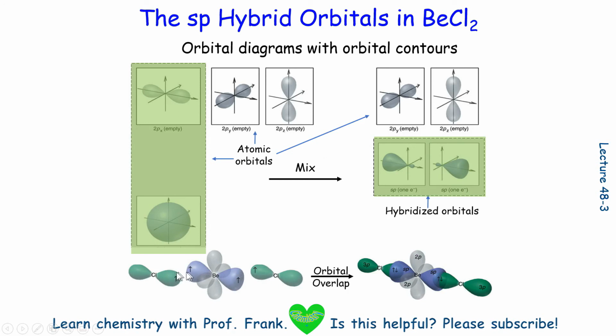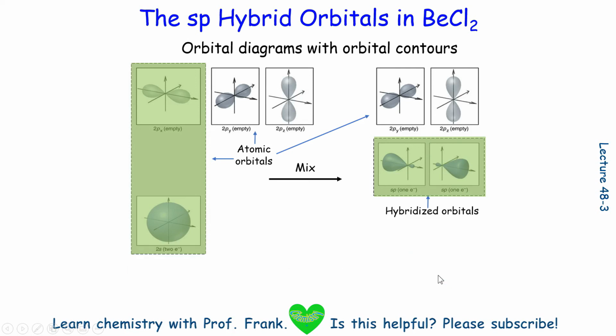Those two approach each other, and then form this bond. Now the two electrons are shared by this chlorine atom and this beryllium atom. The same thing happens on the right-hand side. Those two electrons are shared right here. So the two bonds are formed.